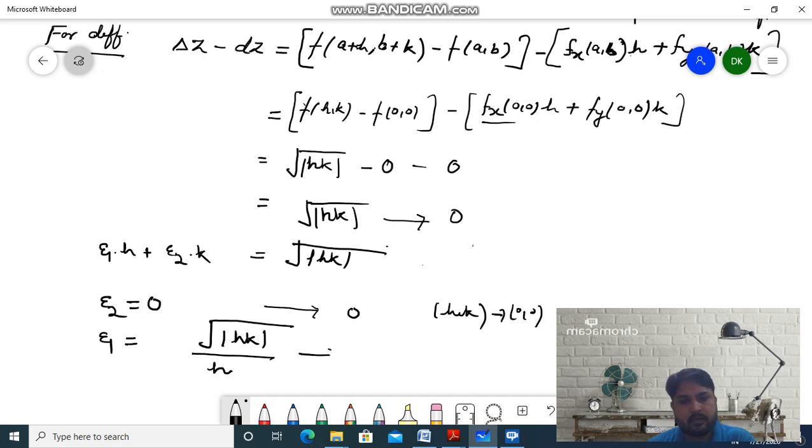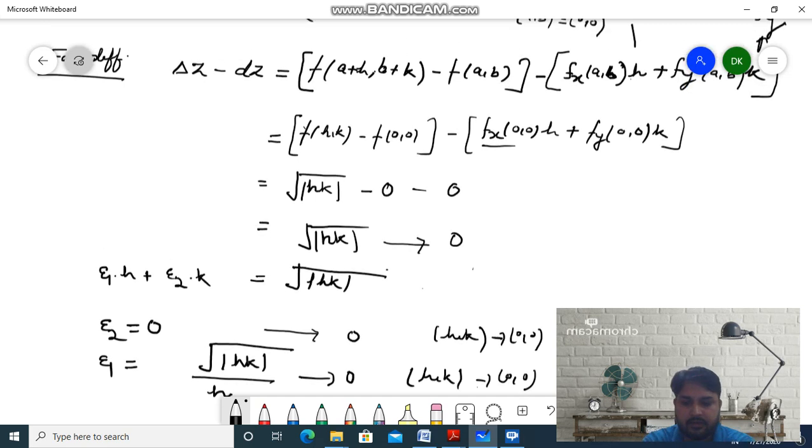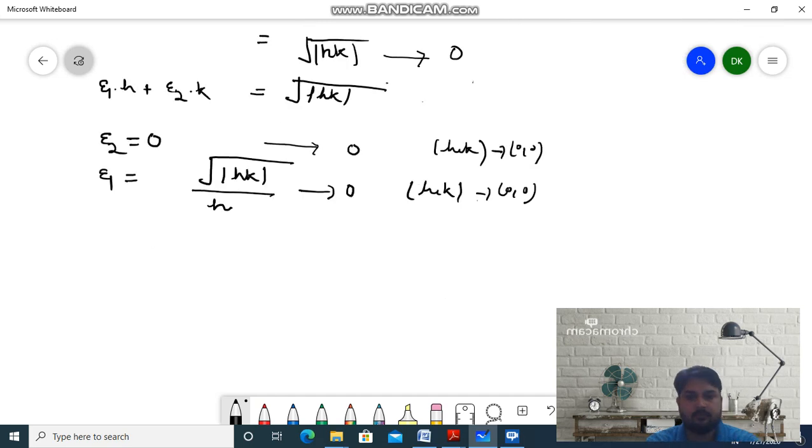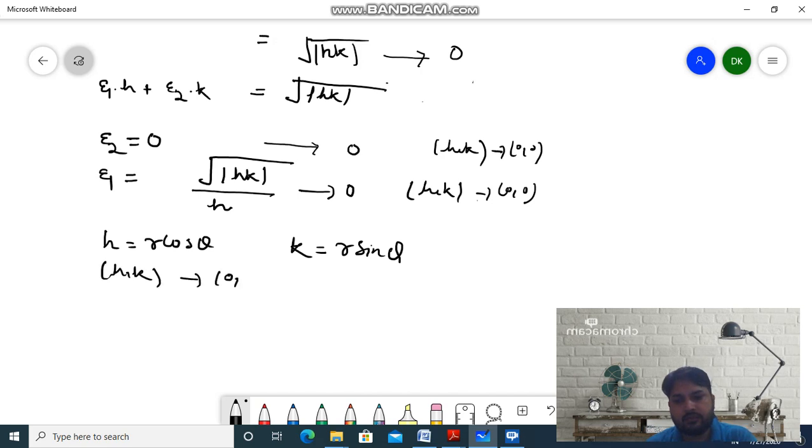But if epsilon 1 also tends to 0 as (h, k) tends to (0, 0), then we say that the given function is differentiable at the origin. For this we put h equal to r cos theta and k equal to r sin theta. And when (h, k) tends to (0, 0), in that case r must tend to 0.